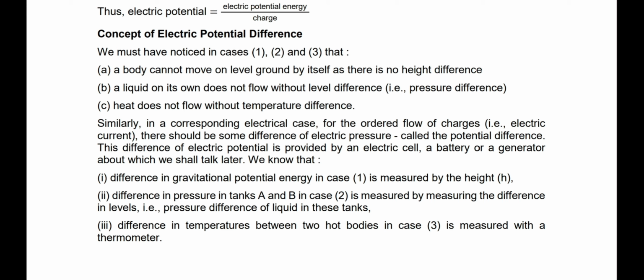Now we know that difference in gravitational potential energy is measured by height. Difference in pressure in tanks A and B, as discussed earlier with the help of two diagrams, is measured by the difference in level. Difference in temperature between two hot bodies can be measured with the help of a thermometer.